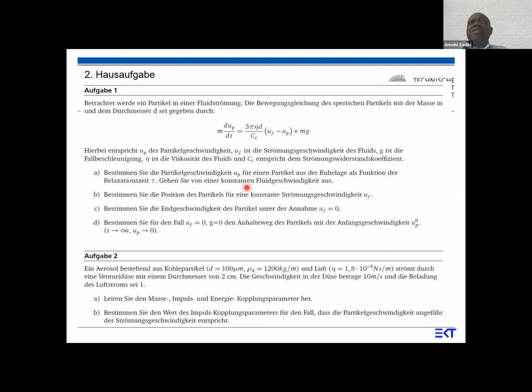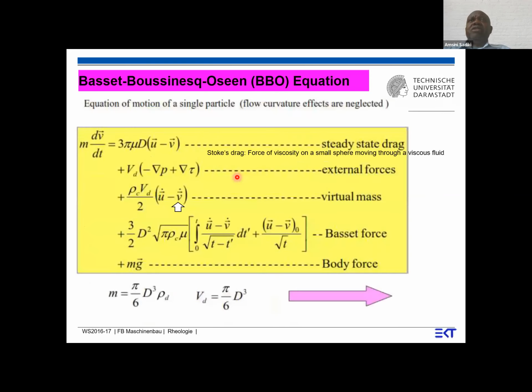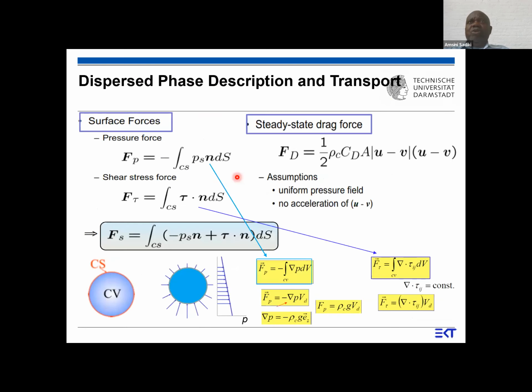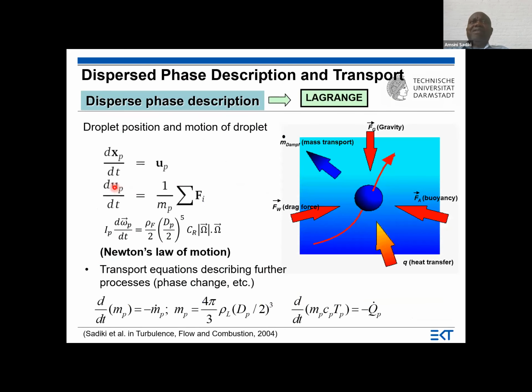And we assume that the velocity of the fluid is a constant velocity. If we get the velocity of the particle, we can also obtain the position of the particle, because in our Lagrangian formulation, if we get this quantity, we can then obtain the position.